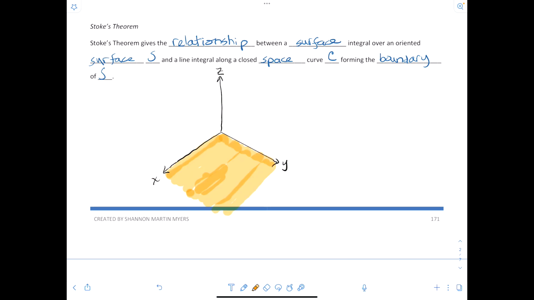Okay, that's the first quadrant of the XY plane, or the first octant.